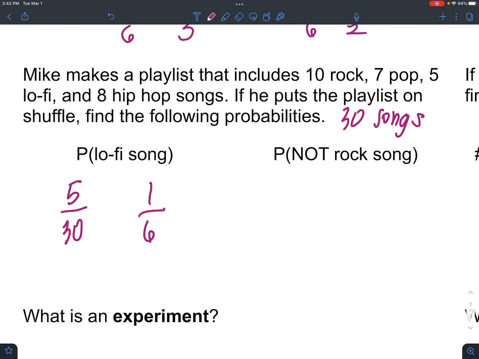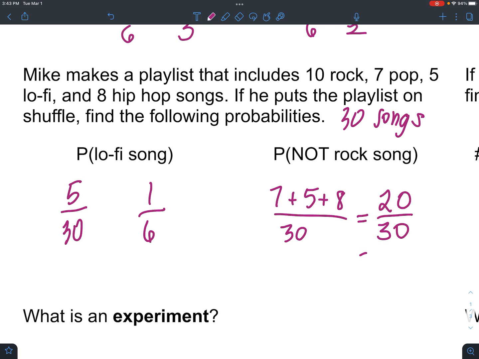Now, probability that it's not a rock song, well, you have your pop songs, you have your lo-fis, and you have your hip-hop. If you add all those up out of the total number of songs, we get 20 out of 30, which is 2/3.